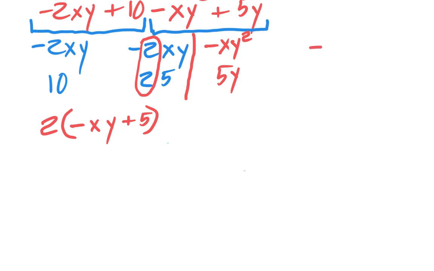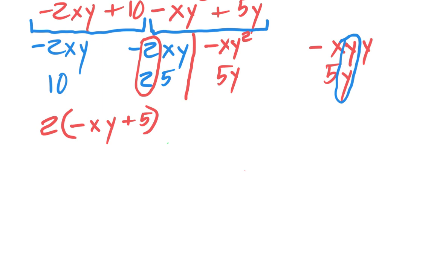I have a negative, I have an x, and that y raised to the second power tells me that I have 2 y's. Y, y. And for 5y, I have just literally 5 and y. What is my common factor? In this particular case, it's y. I have 1 y in both of these.